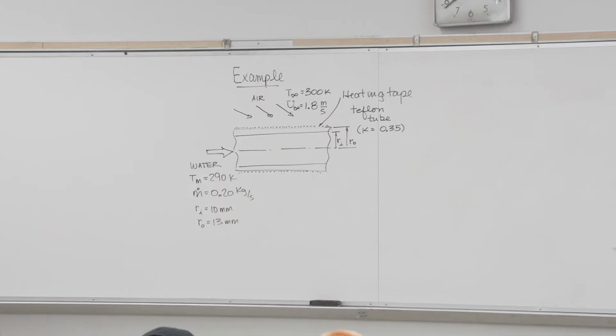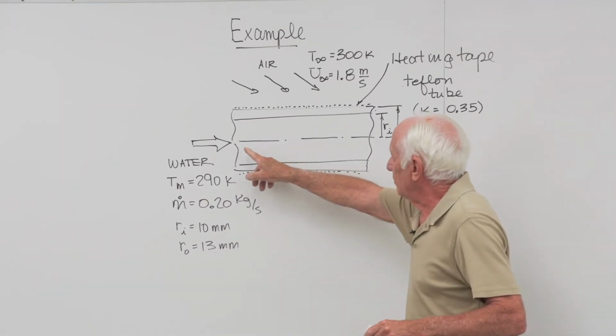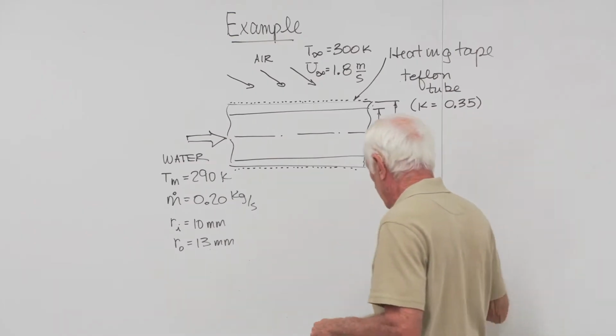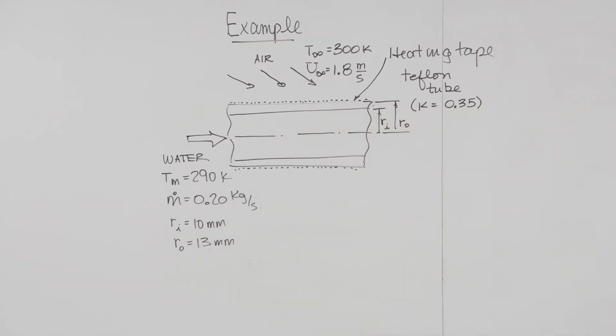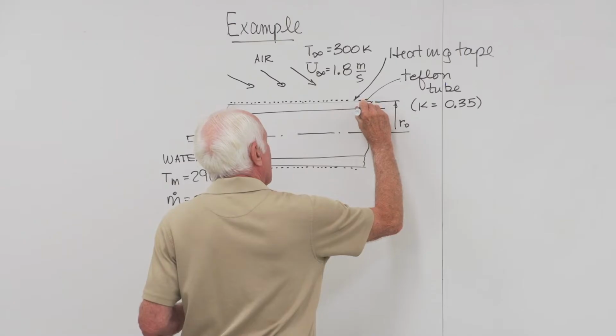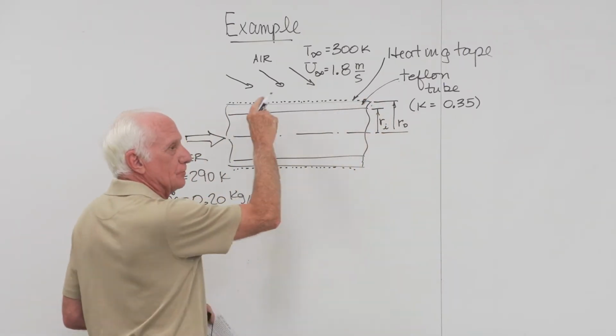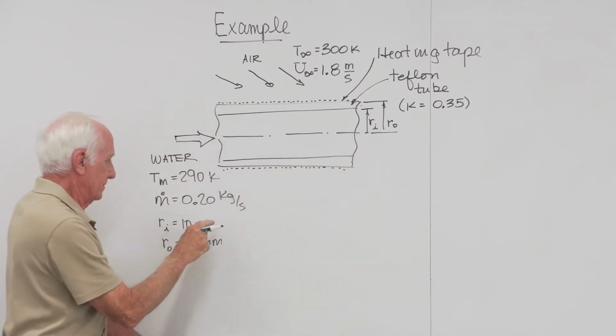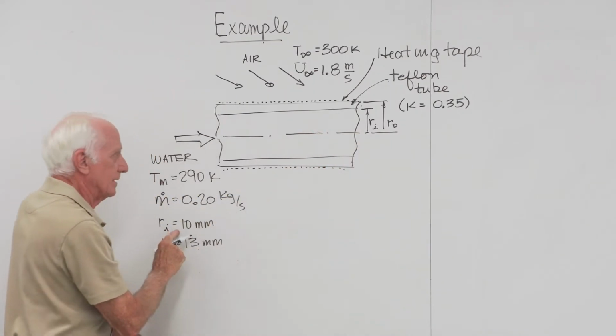Water at 290 K and 0.2 kilograms per second flows through a Teflon tube, K value 0.35. So water flows through a tube. The tube wall is Teflon, circular, outside radius 13 millimeters, inside radius 10 millimeters.